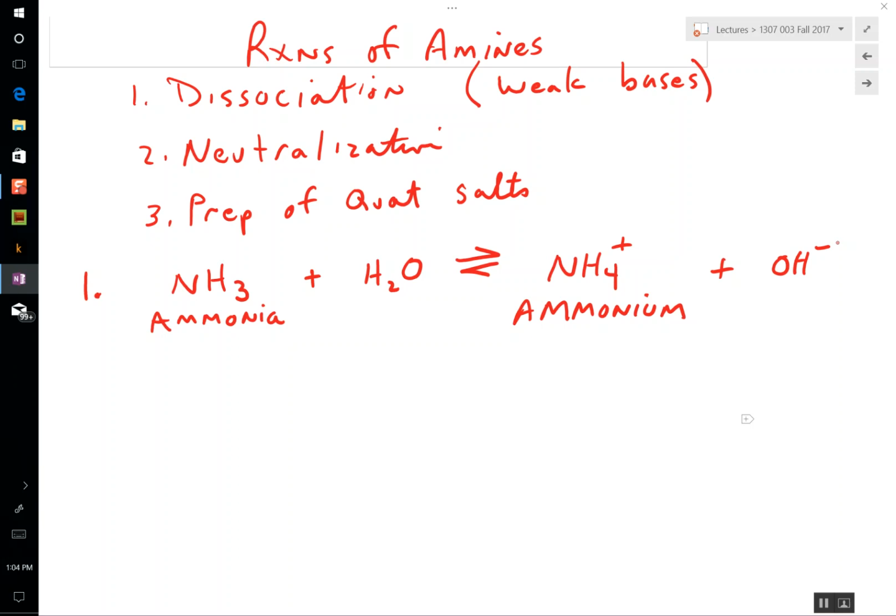High hydroxide ion concentration makes a very low H plus concentration and makes the pH greater than 7. So this is a weak base. Well, if I took something like methylamine instead of ammonia, now I've got methylamine.